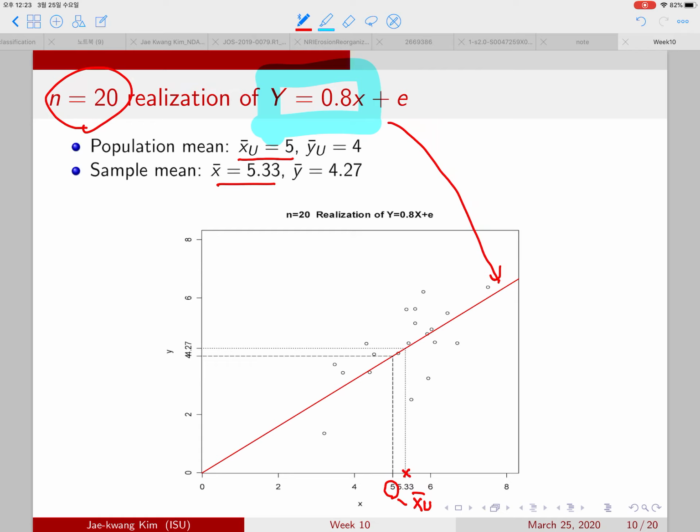That means your sample is somehow bigger. So your sample mean of x is slightly bigger than the population mean.